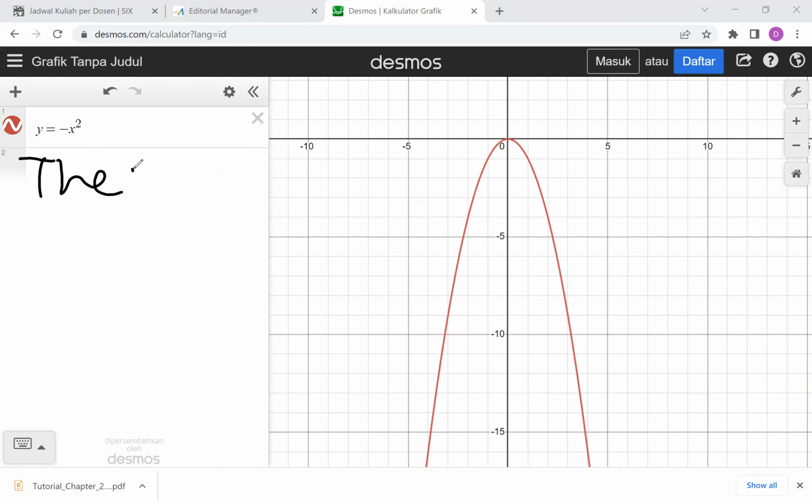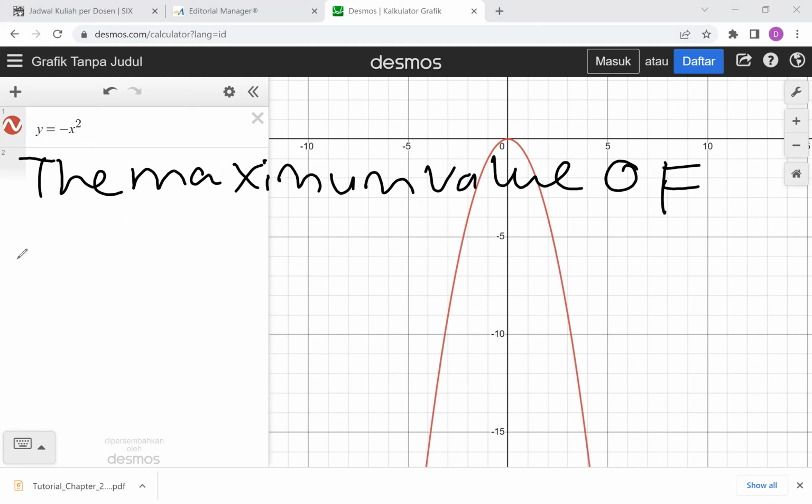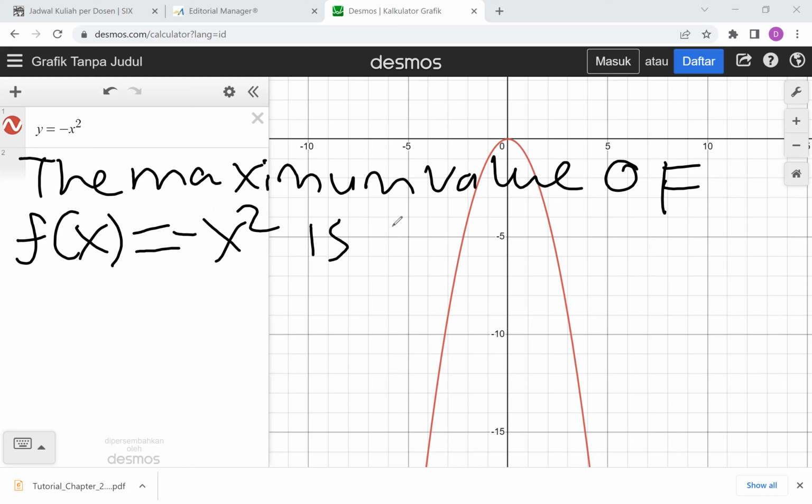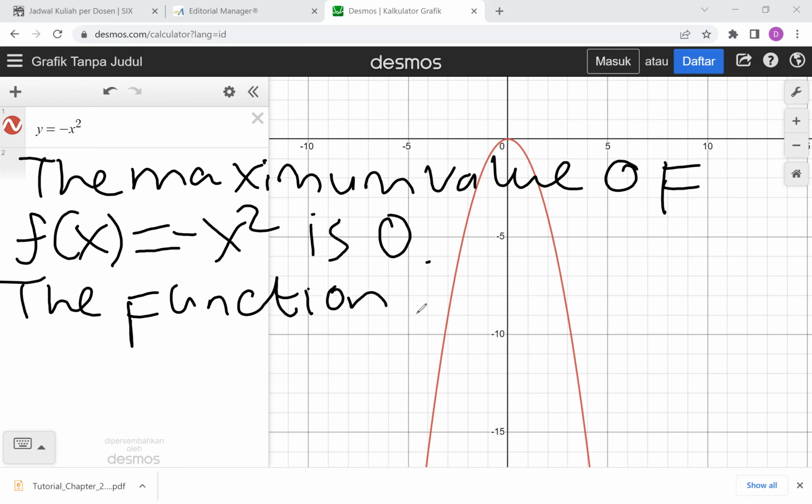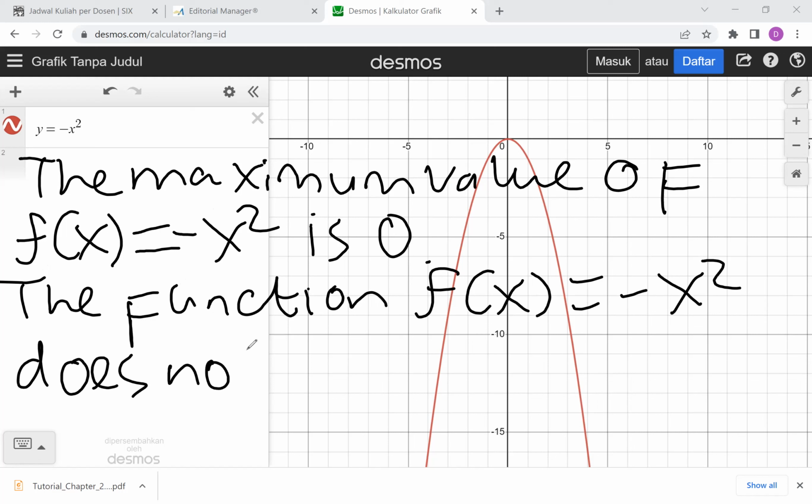So the maximum value of f of x equals minus x squared is 0, namely at f of 0, and the function f of x equals minus x squared does not have a minimum value because it is unbounded below.